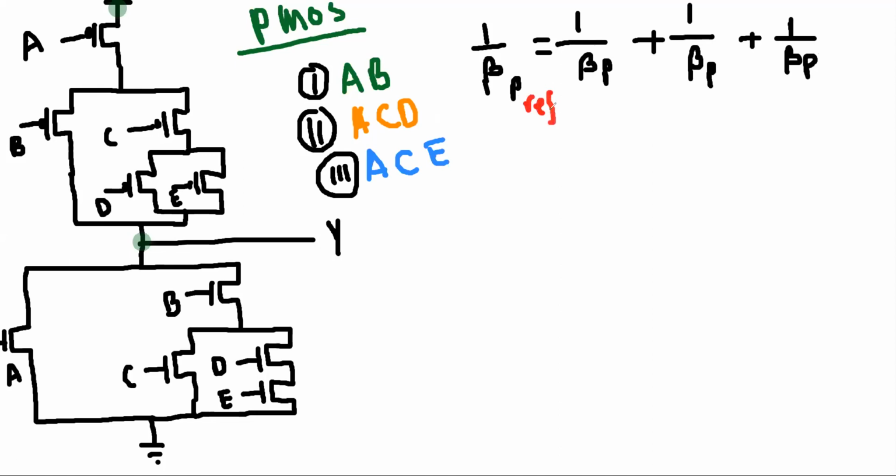That means the NOT gate reference. This one is for the NOT gate. This one is for A. This one is for C. This one is for D. Understood my point?